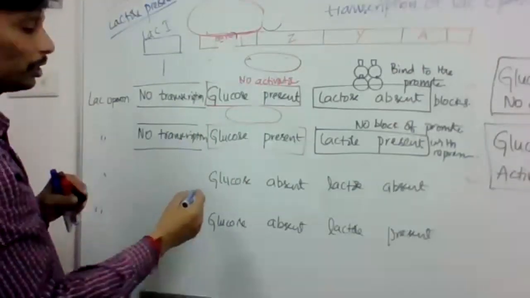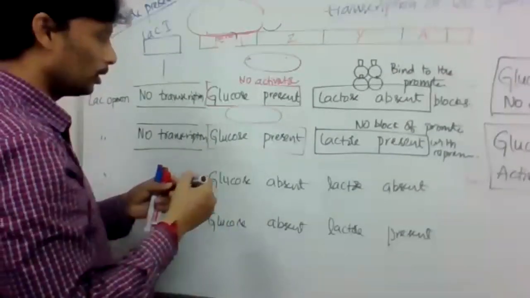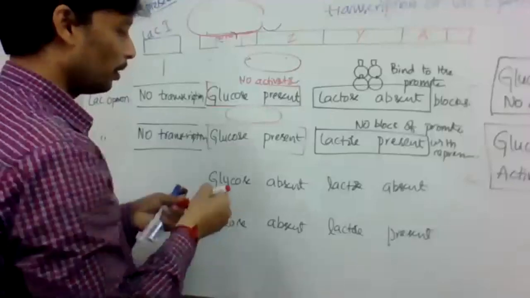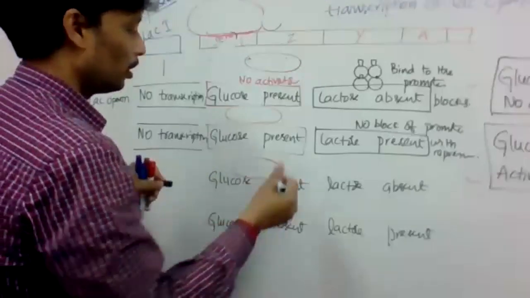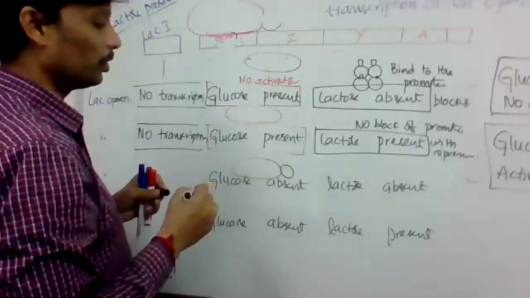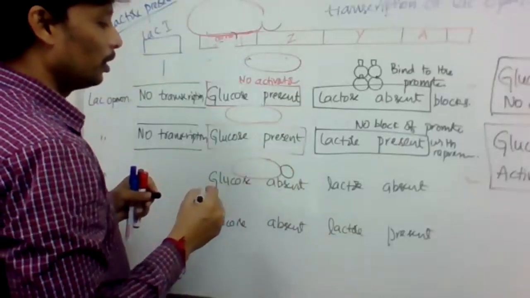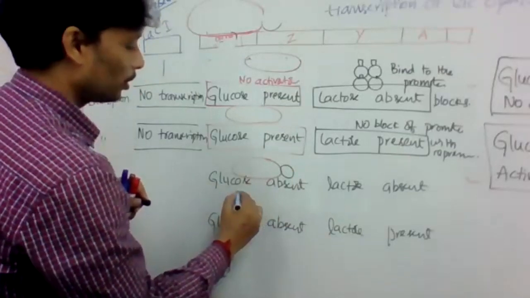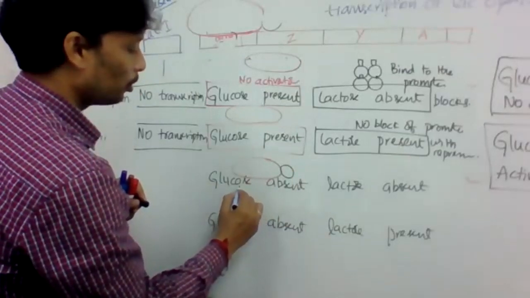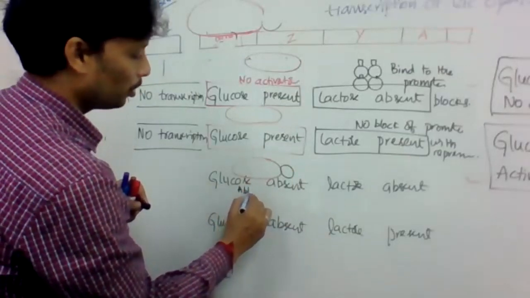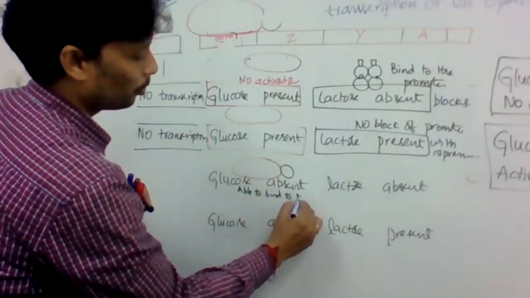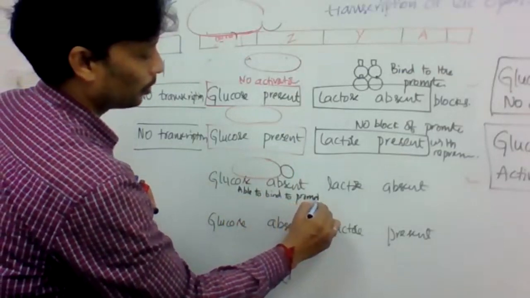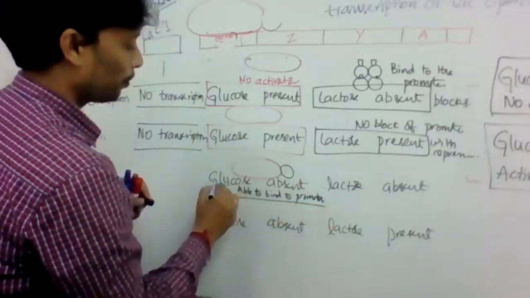And the third situation, glucose absent. Here we have RNA polymerase and activator molecule, so it is able to bind to the promoter.